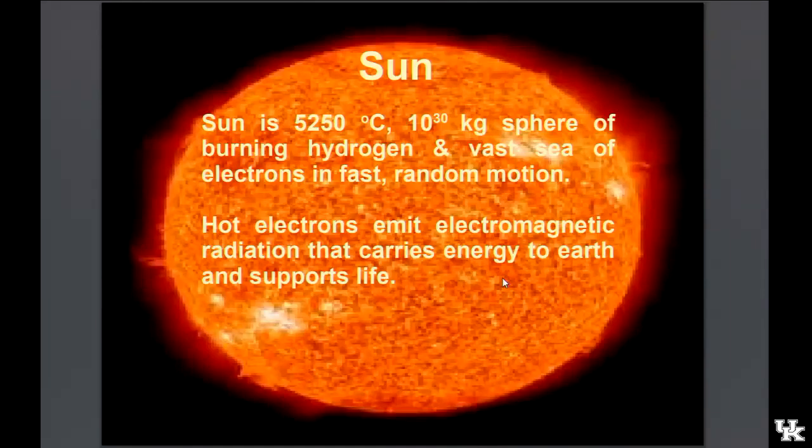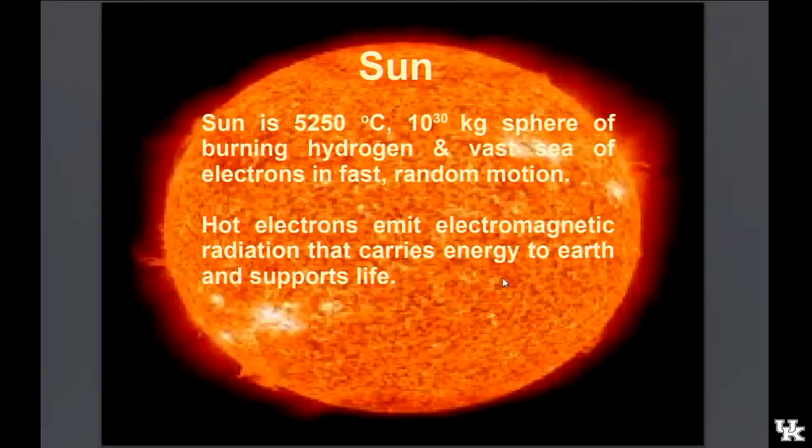Well, the sun, as you know, is a giant, massive ball of hydrogen. It's a giant, extremely hot ball of hydrogen gas.